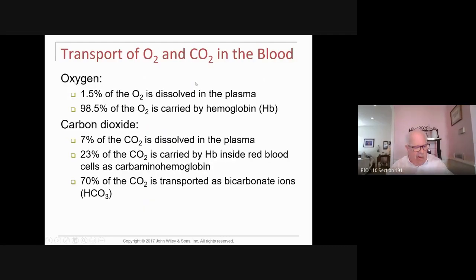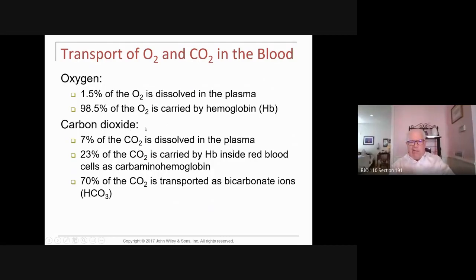You know how oxygen is transported. We just talked about it. It's transported on hemoglobin. Here it is. 98.5% of oxygen is transported on hemoglobin. But how is carbon dioxide transported?